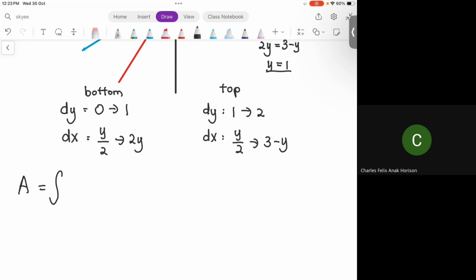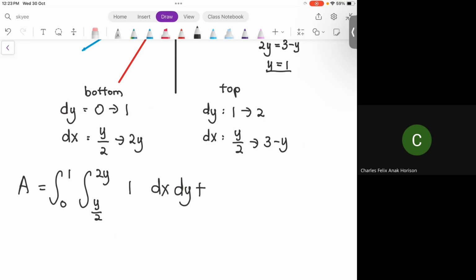Okay, now we find the area. For the bottom, number we put outside, variable we put inside. Always use this concept. Here will be 1. The variable is actually the dx interval, and the number is the dy interval.